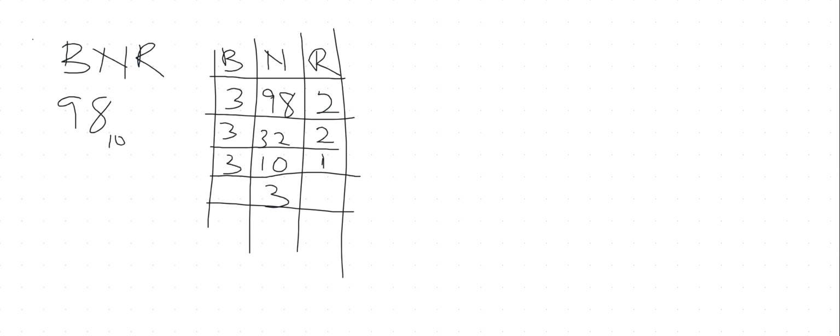Write it there. Still, our number is not less than the base. We continue again. 3 into 3, 1, remainder 0. Now we get to the point where our number is less than the base.